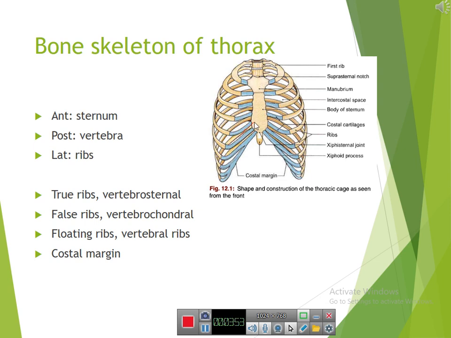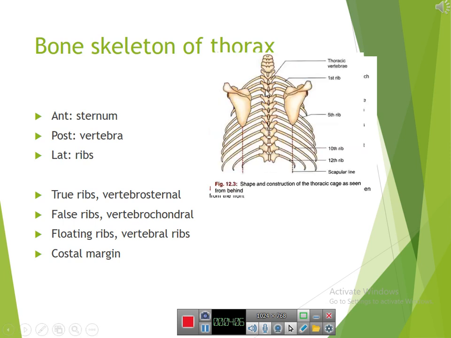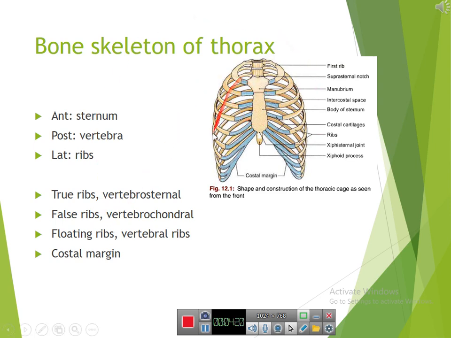The skeleton of thorax anteriorly is formed by sternum. As you can see, it's a sternum, and posteriorly by 12 thoracic vertebrae and intervening intervertebral disc. On each side, as you can see here, by 12 ribs with their cartilage, that you can see the cartilage in a blue color.